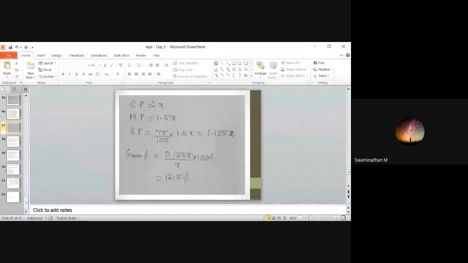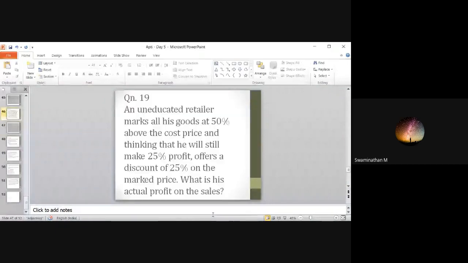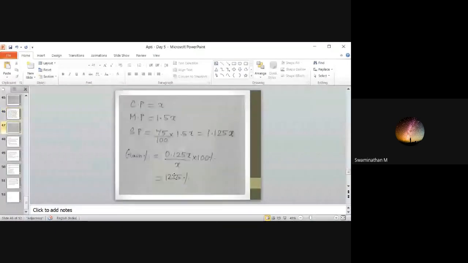Assume the cost price is initially X. The market price he is marking is 50% extra, so 1.5x. He's giving a 25% discount, so he is selling at 75% of the market price, which is 1.125x.